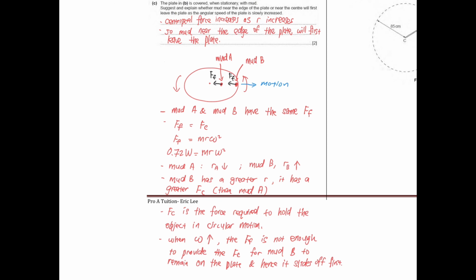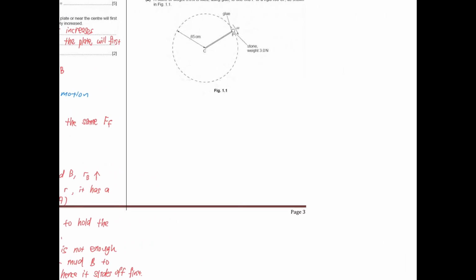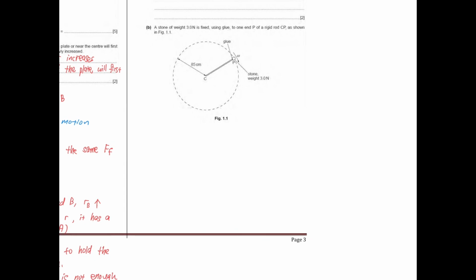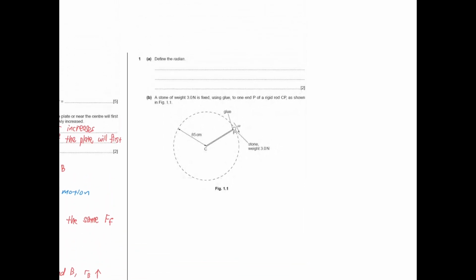Now let's move on to the other side. We have another question here. Okay, we do one more question, then after that, we move on to the next chapter. So this question asks to define the radian.